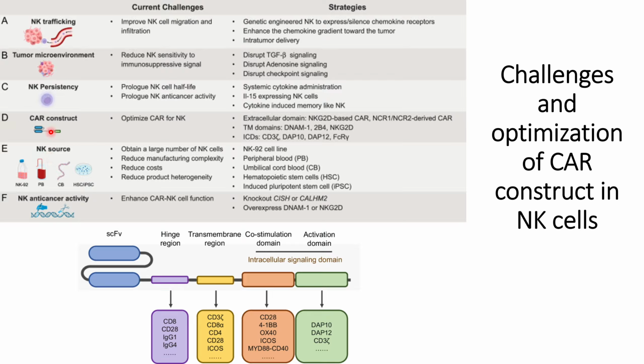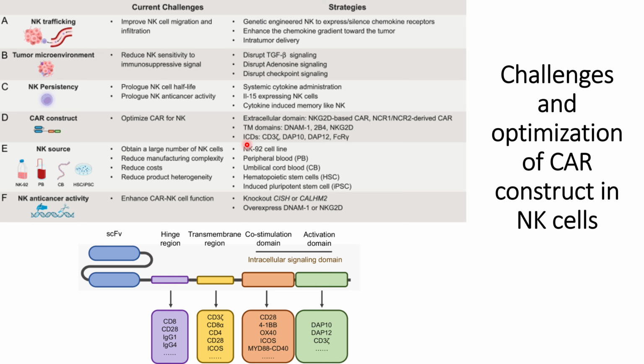Next one is the NK source. One needs a large number of NK cells so that they will have a more efficient effect on large populations of tumors. Also, to reduce the heterogeneity and the manufacturing complexity, so that it will have a similar effect on all the tumors it encounters within the host.